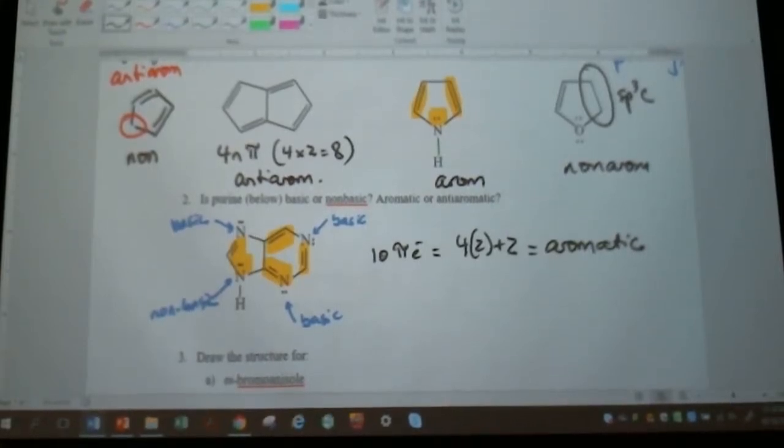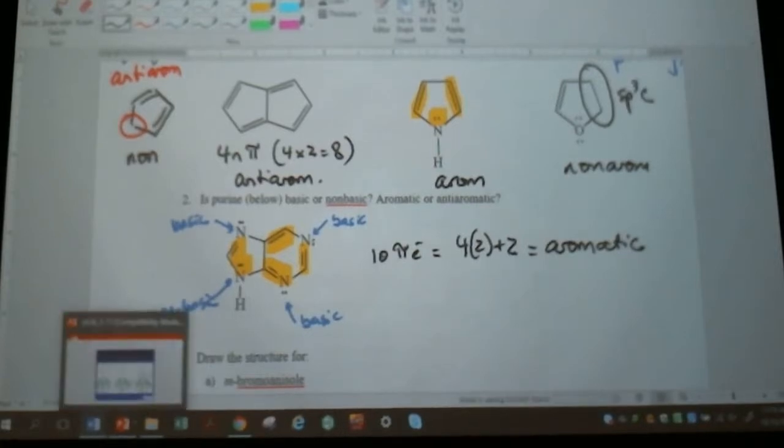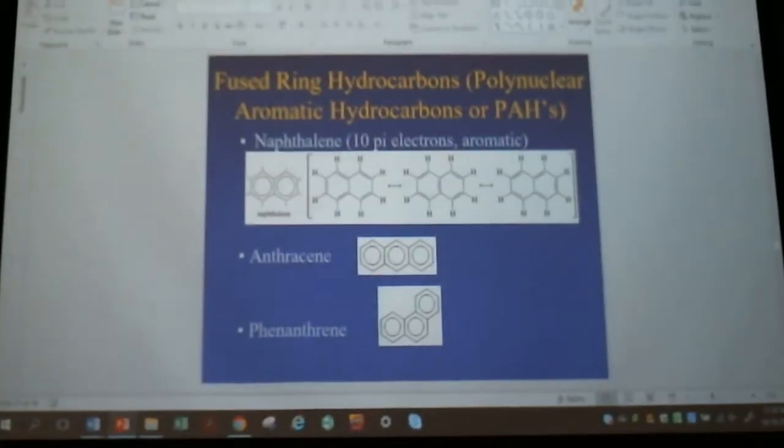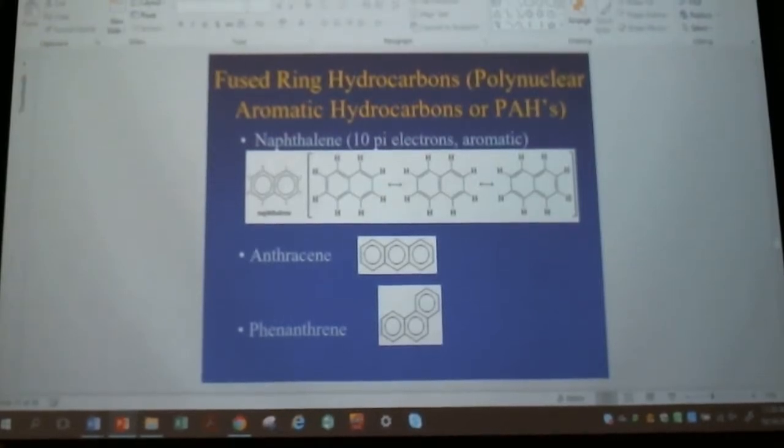Okay, so if we have a bunch of benzene rings, that is an aromatic compound. Now, the more benzene rings you put, the bigger this cloud of electrons becomes, and the easier it is to self-destruct things at various places.